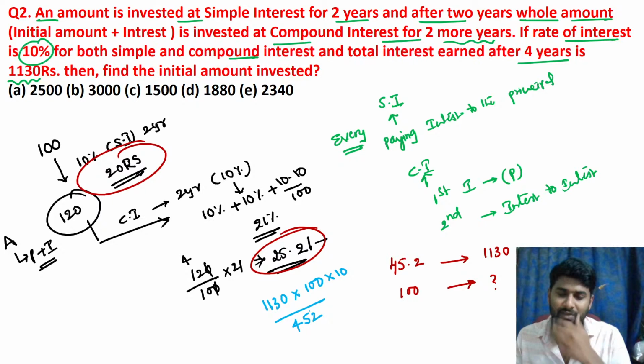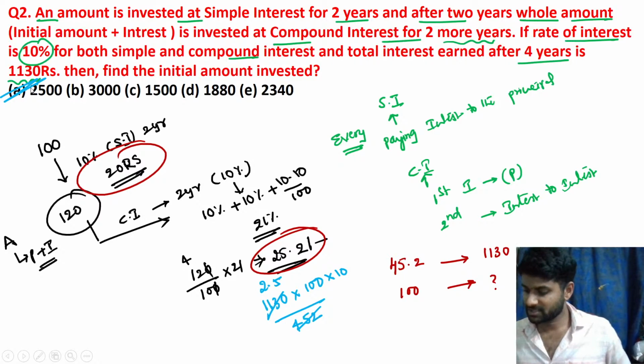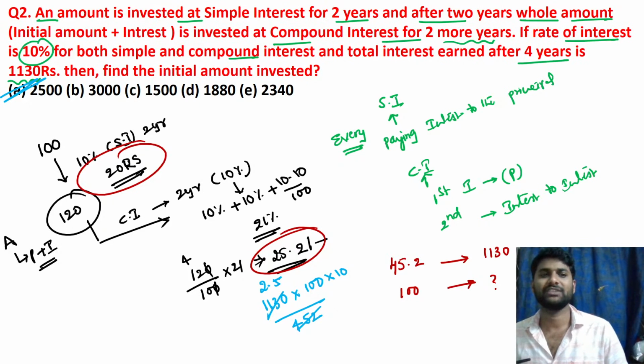I just go through the calculation part now. Here 1130 by 452 is exactly 2.5 times. So 2.5 into 100 into 10, the value becomes 2500. So the person's initial investment is exactly equal to 2500.